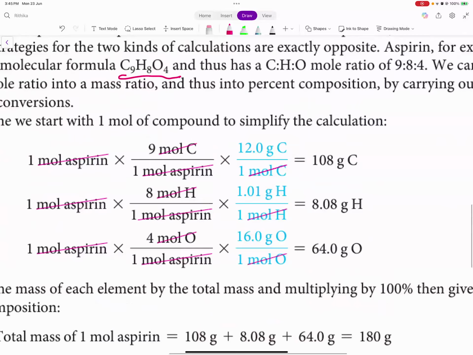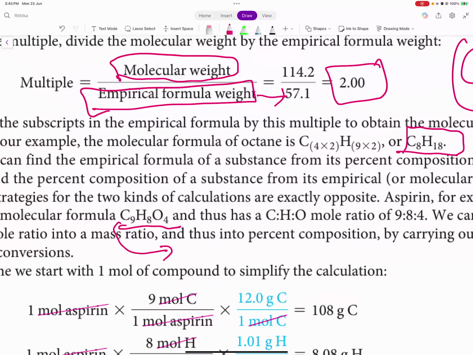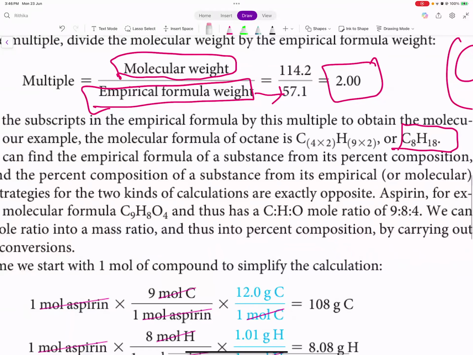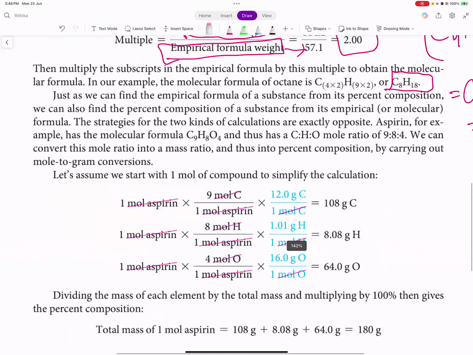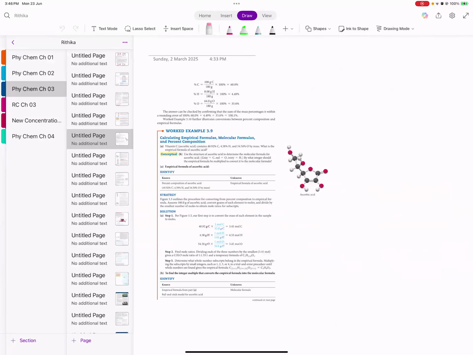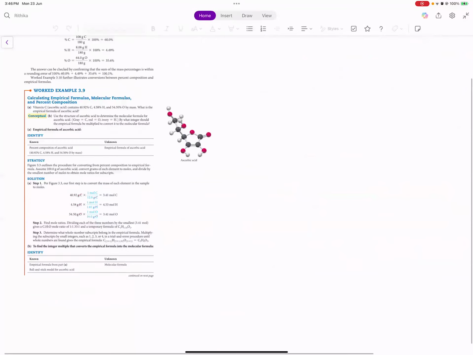The mass of carbon is 9 into 12, 108. So the percentage of carbon is 108 divided by the total mass, 180, into 100, just like the normal percentage calculation. It's very simple, so we don't have to worry.